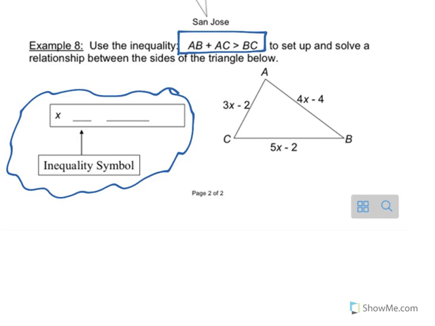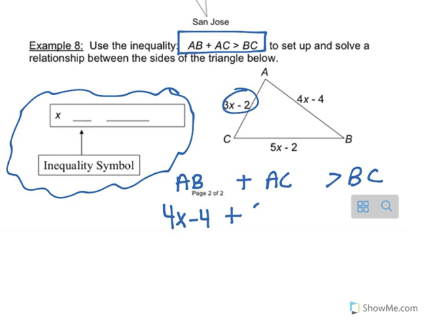So AB, so the measure of AB is 4x minus 4. Here, let's write it like this. AB plus AC needs to be greater than BC. Okay, so AB is 4x minus 4 plus AC, right here, 3x minus 2 needs to be greater than this one, CB, 5x minus 2.